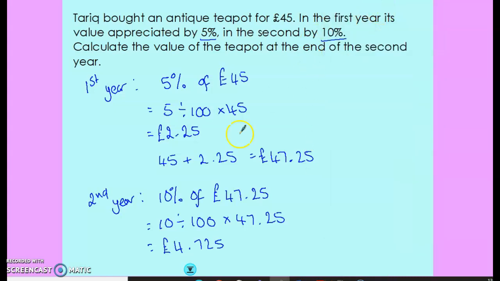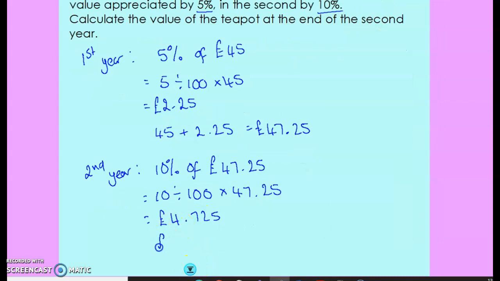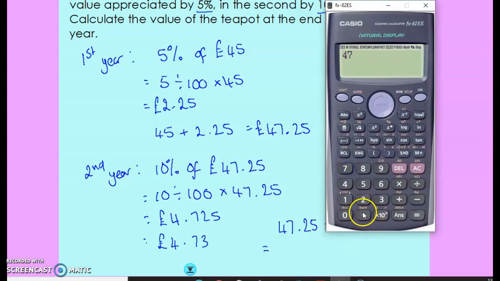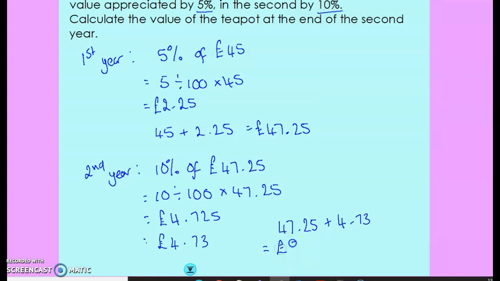Now this is money we're dealing with, so we need 2 decimal places. So it'd be £4.73. Remember our rule for a 5, which is halfway, is that we round up, so that 2 is going to get pushed up to a 3. The value at the end of the second year then, let's add that on. So 47.25 add £4.73 is £51.98.